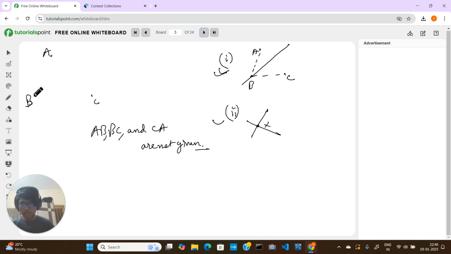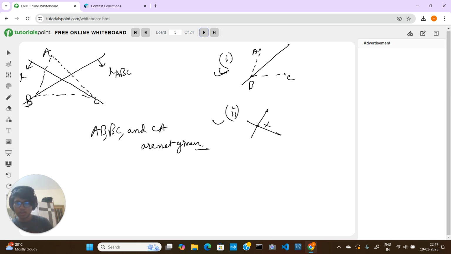The simplest thing that we can do is construct the angle bisector of angle ABC. The second thing is we can construct the bisector of angle ACB.